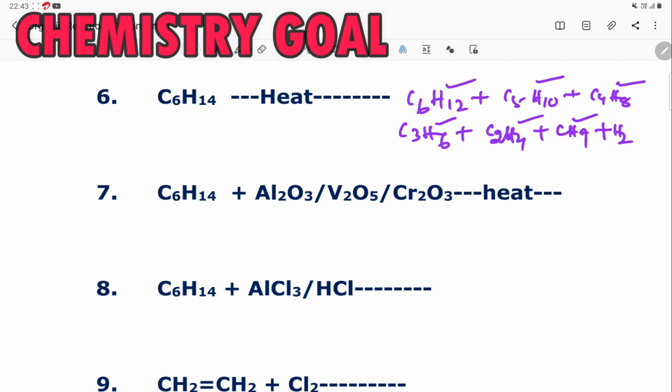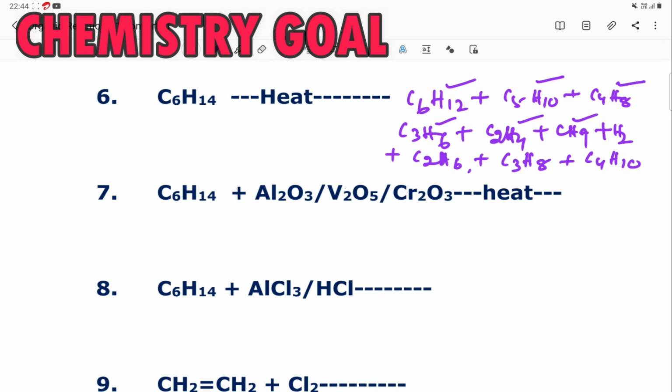With these, alkanes are also produced: ethane C2H6, propane C3H8, butane C4H10, and also different types of alkanes. Here the main products are alkane and alkene.